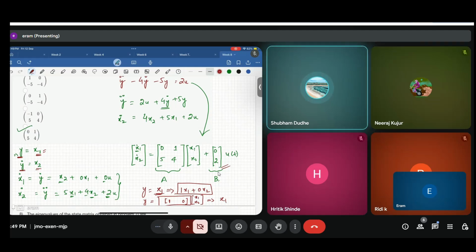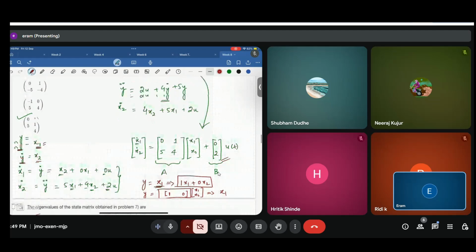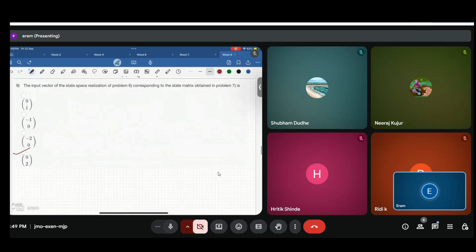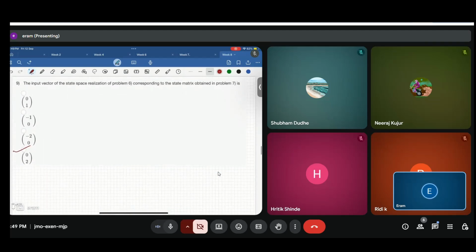Yes, ma'am. But it is a row vector, ma'am, and in the option it is given as a column vector. Yes, since all the options are in column vector form, you need not worry about that.